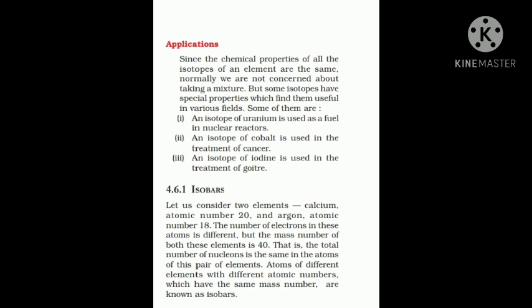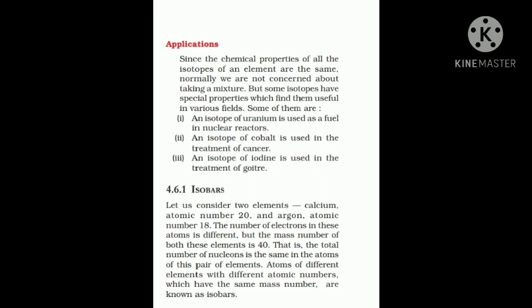Isobars. Let us consider two elements, calcium with atomic number 20 and argon with atomic number 18. The number of electrons in these atoms is different, but the mass number of both these elements is 40.